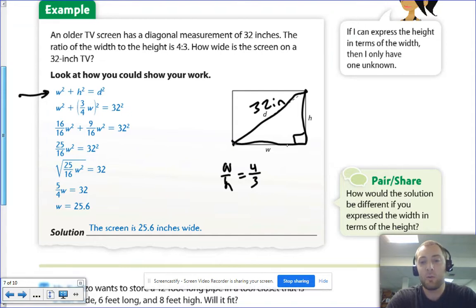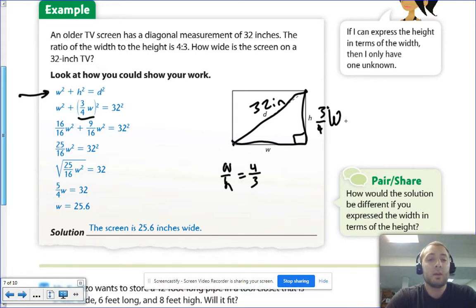So the height would be 3/4 of the width. And that's where that's coming from. That's a little tricky part for this one, but that's why it's done for you, so you can see how you could do one of these. So that's put in for the height, 3/4 of the W.